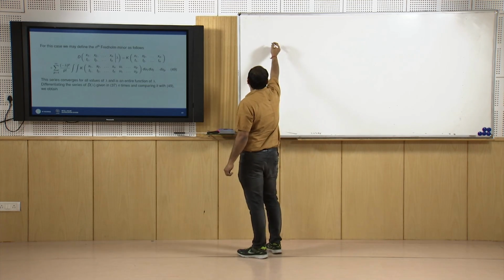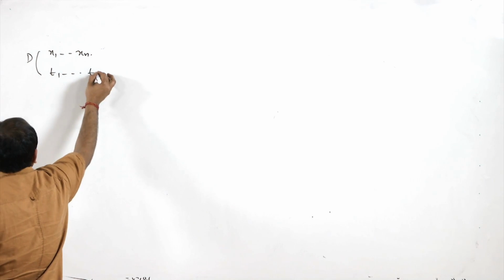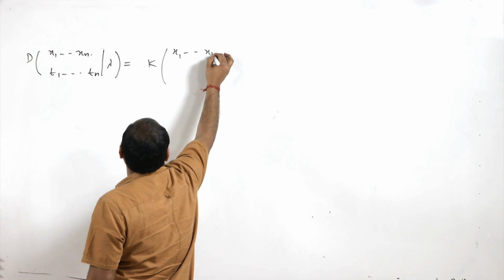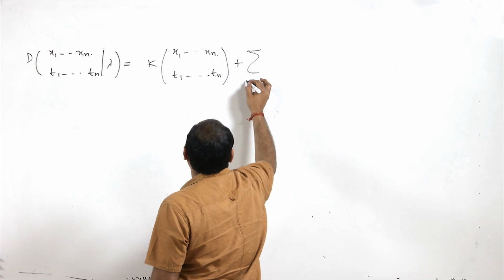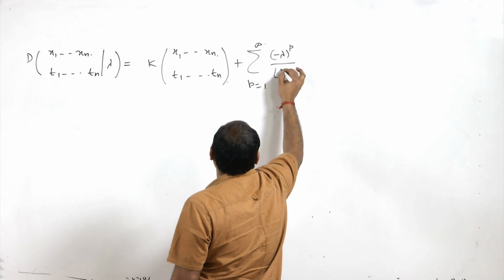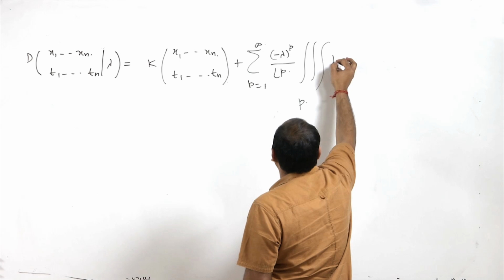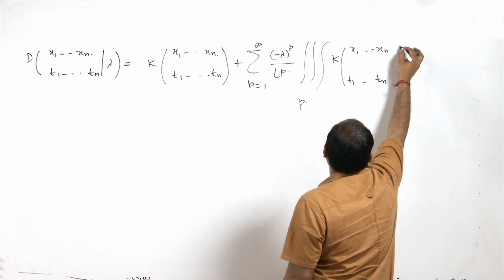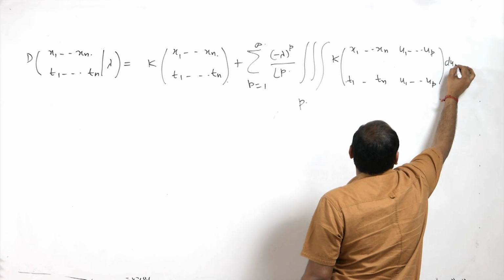So here if you look at this expression D of x1 to xn and t1 to tn with respect to lambda, which is given as K(x1 to xn; t1 to tn) plus the summation p equal to 1 to infinity of (minus lambda) to the power p upon factorial p, the p-fold integral, and here we have K(x1 to xn; t1 to tn; u1 to up) du1 to dup.